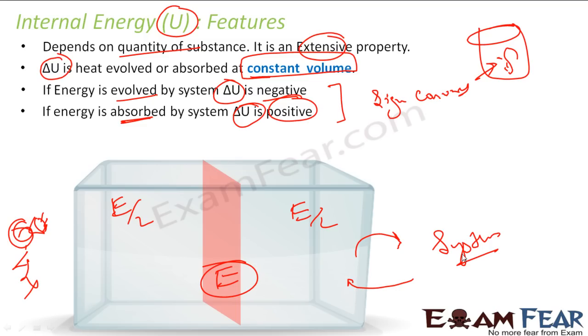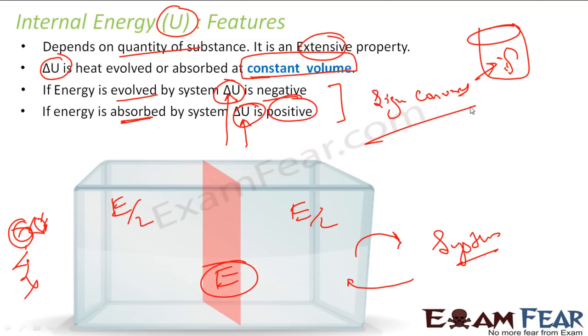The system is concrete. So if the system is gaining energy, delta U is positive; the system is becoming richer. If the system is losing energy, delta U is negative; the system is becoming poorer. Always think from the system's perspective and you will not have an issue with the sign convention.